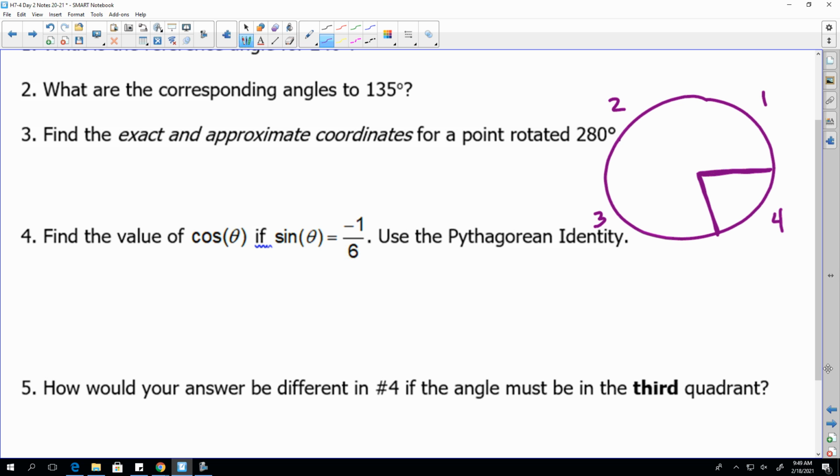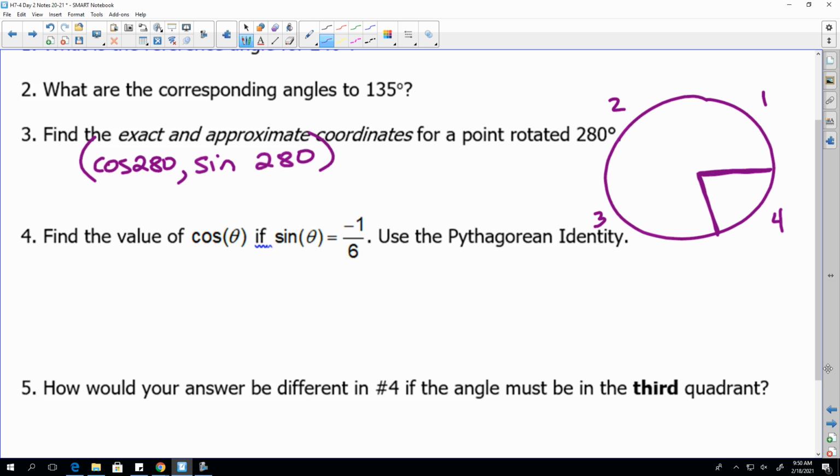Okay? Find the exact and approximate coordinates. So our coordinates, x and y. How do we find the y, the vertical part? Which function have we been using to find the height here? Sine, right. So we can do sine of 280. That would be the y coordinate. And we just talked about cosine being the horizontal one.